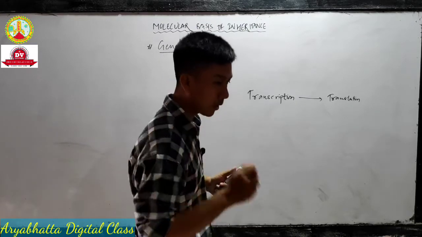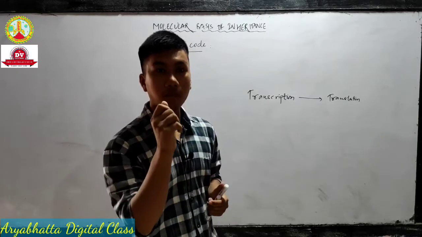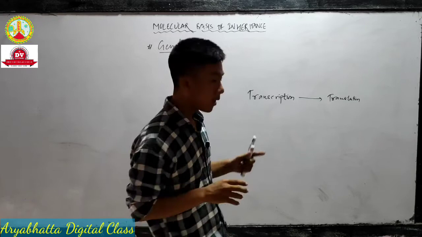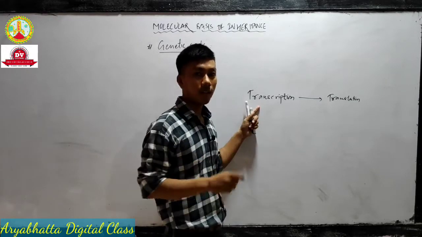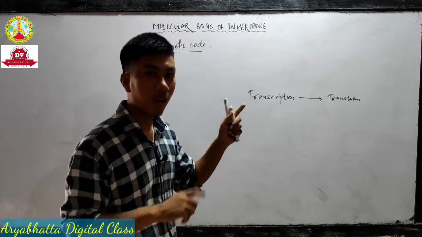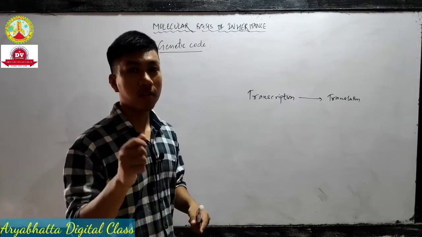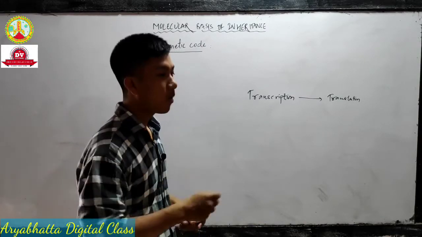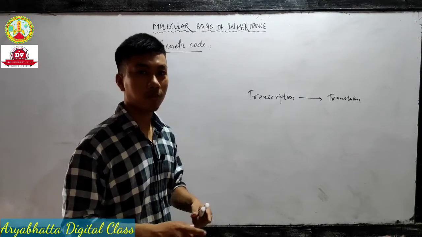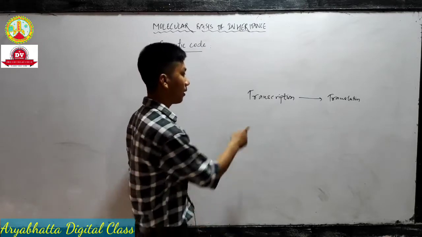That is the messenger RNA. We have discussed mRNA in short, but we will study in complete detail in the transcription process how it actually takes place, how the mRNA is formed from the DNA strand.